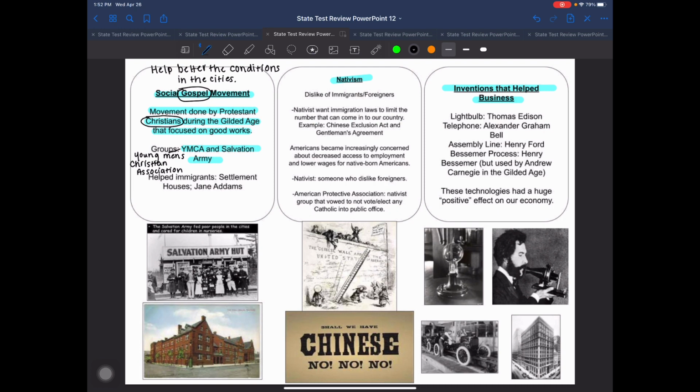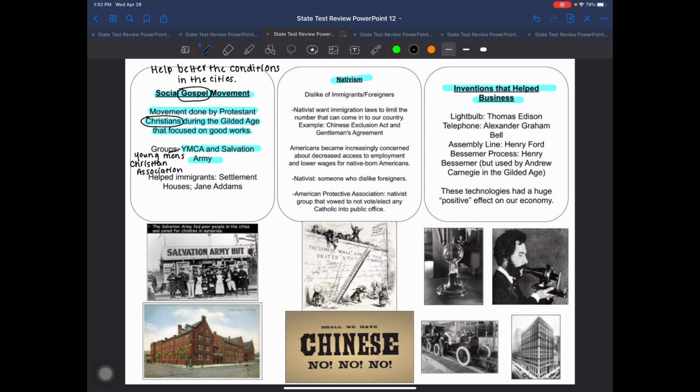And so these organizations still exist today, and they try to help the less fortunate. The reason things are so cheap in the Salvation Army is because some people cannot afford to go and pay full price for those products. So you can go to the Salvation Army and get a used product for, again, next to nothing.